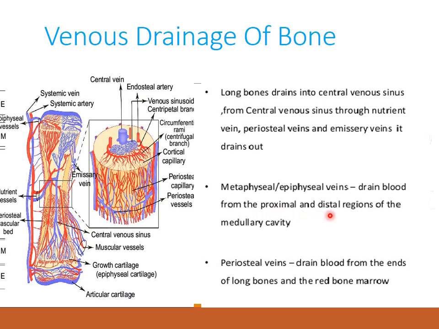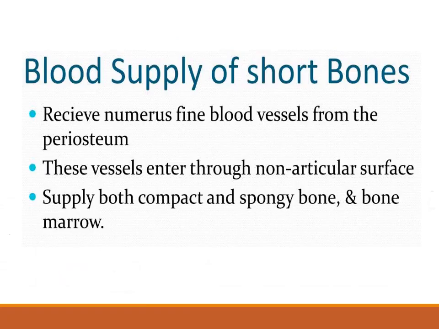The metaphyseal and epiphyseal veins drain the blood from the proximal and distal ends of the bones, and also from the medullary cavity, into the corresponding venous channels present along the joint and fibrous capsule. So these are all about the venous drainage.